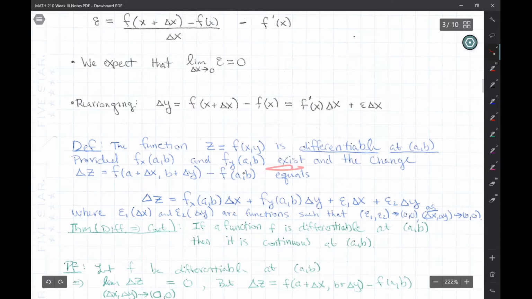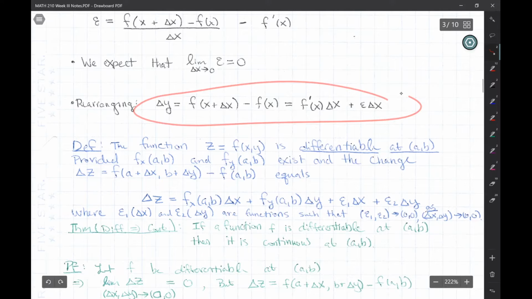Okay, so first we need that the limits exist, and the change delta z equals this term here, where epsilon 1 depends on delta x, epsilon 2 depends on delta y, and that these epsilons go to 0 as delta x and delta y go to 0. Okay, so looking back at this as a motivation, since we're dealing with functions of more than one variable, we have f sub x, f sub y times delta x, delta y, and we also have these extra epsilon 1 delta x terms.